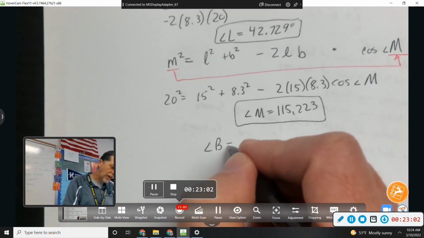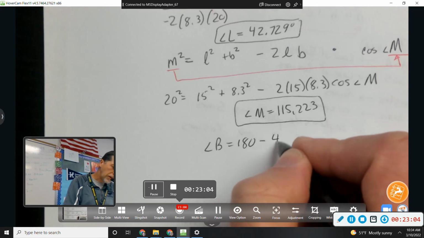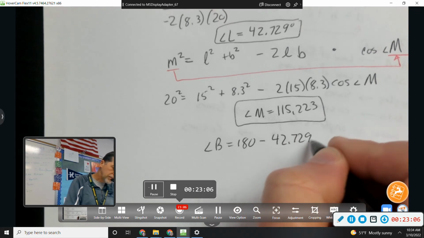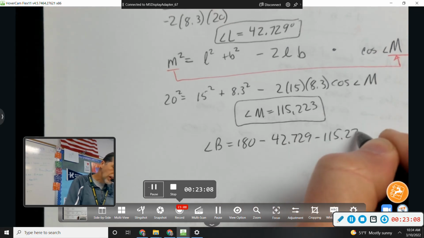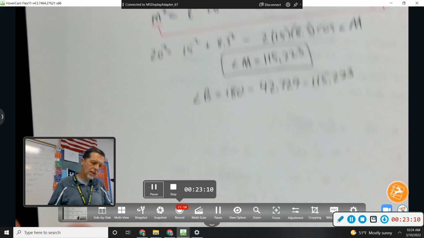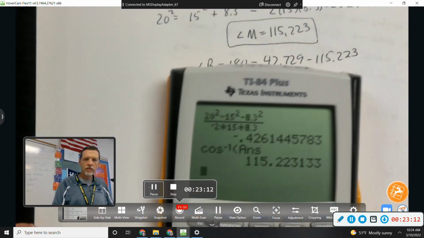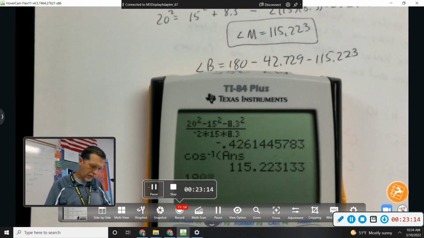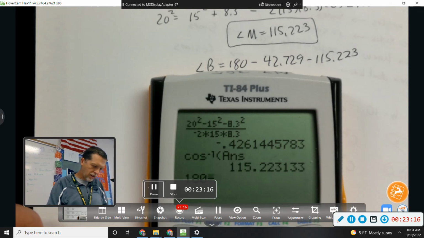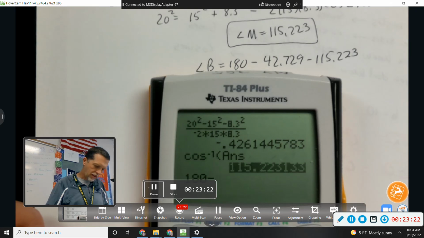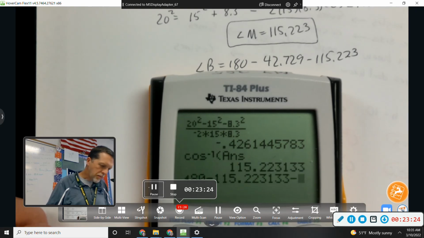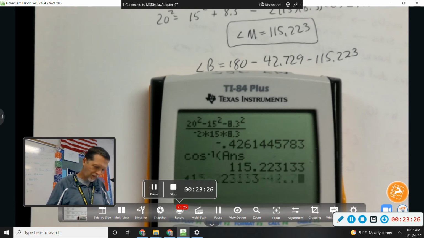Yeah, 180 minus the other two. And if they're still in my calculator, I might have an easy job of this. Whoops. 180 minus that one minus 42.729.